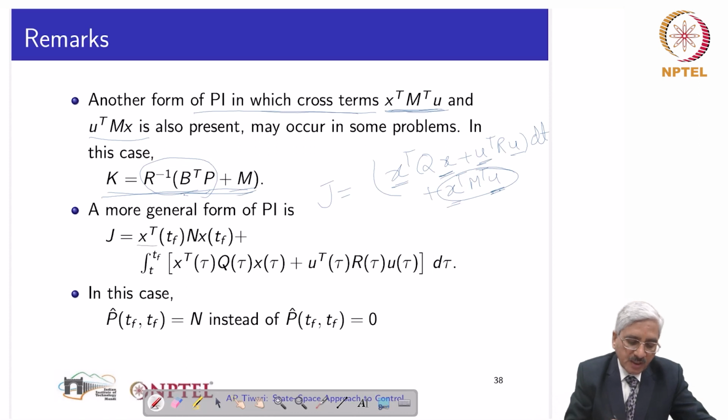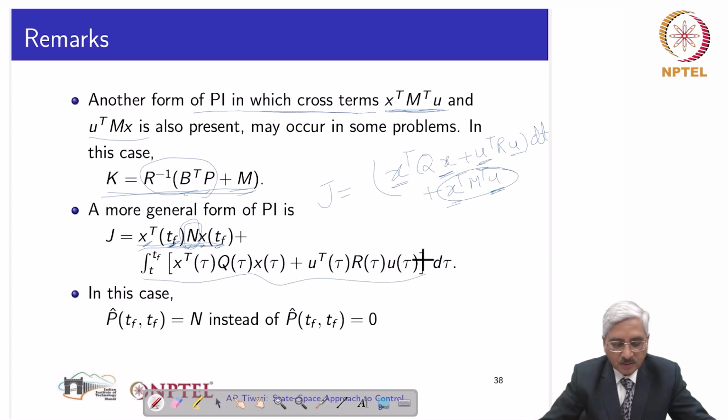Then another form of PI is this. There is a penalty on the state at the terminal time, TF. This is X transpose at TF, X at TF through a weighting matrix N. This is similar to the performance index which was considered. So this is the penalty on the state at the terminal time, the final time.